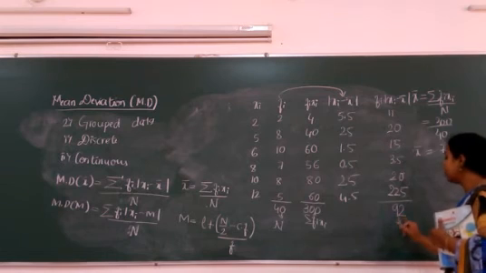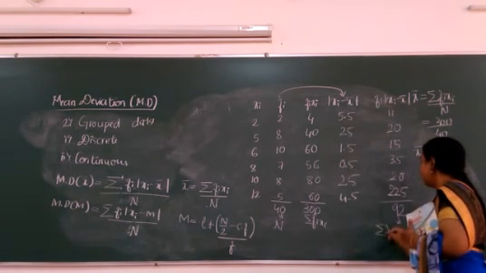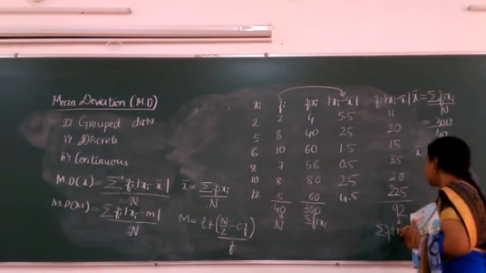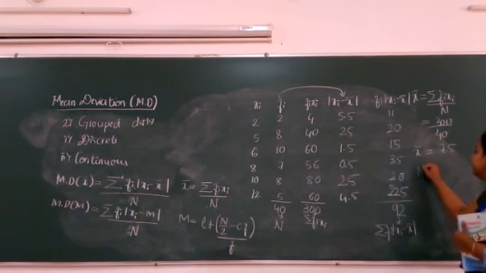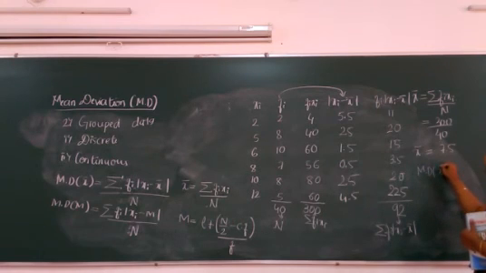So what does this denote? It is the summation of Fi into modulus of xi minus x bar. So now let us find, finally, the mean deviation about mean. What is the mean deviation about mean formula?